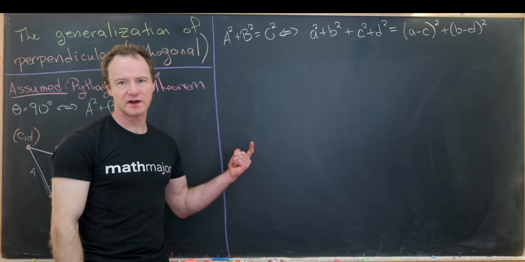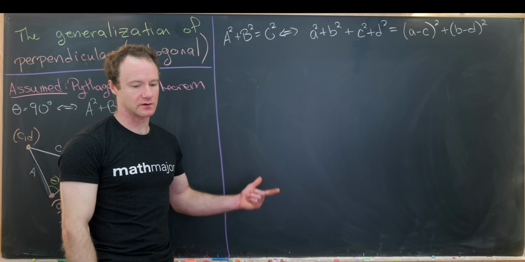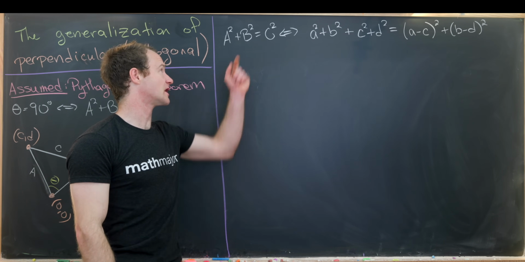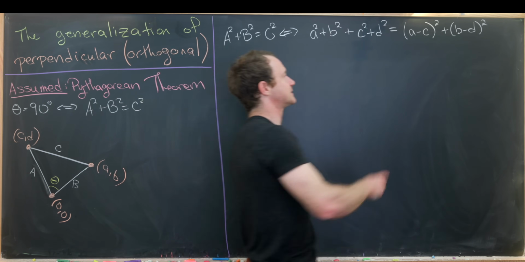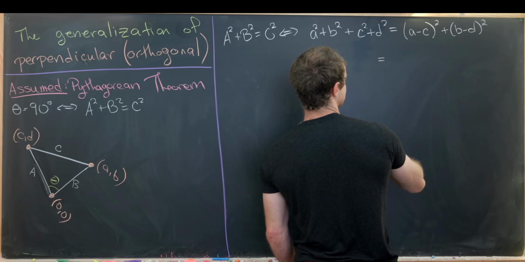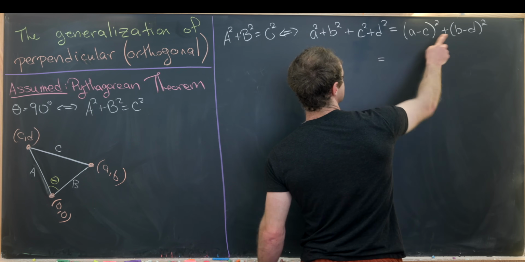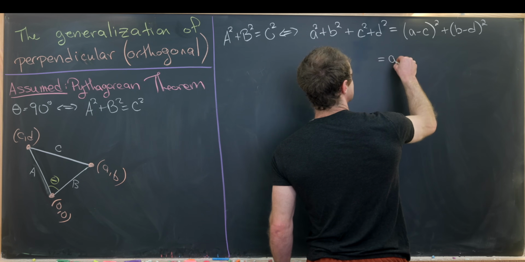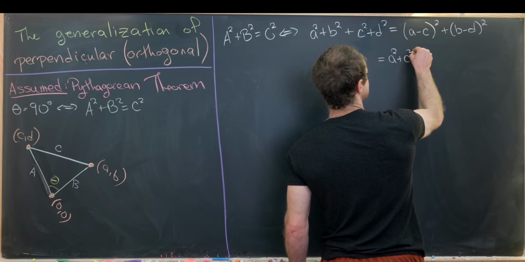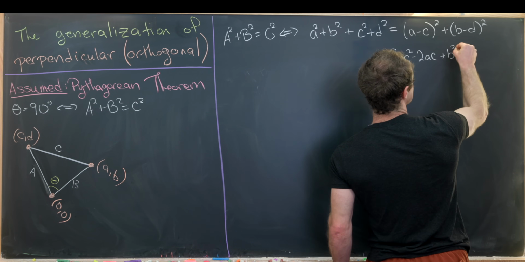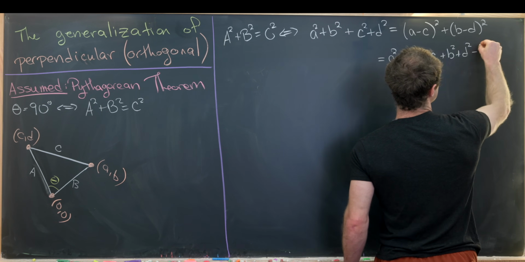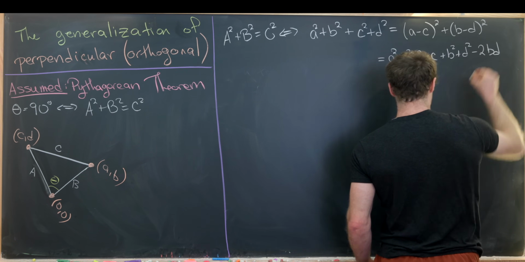So notice if we just wanted the distance, we would have a square root around all of those. But since we want the distances squared, because that's in the Pythagorean theorem, the square root disappears. Okay, so now let's multiply out this right-hand side just by FOILing out these two binomials. This gives us A squared plus C squared minus 2AC. This gives us B squared plus D squared minus 2BD.